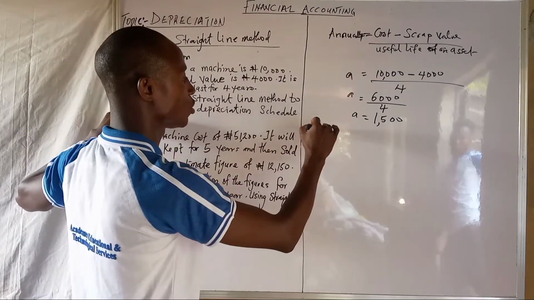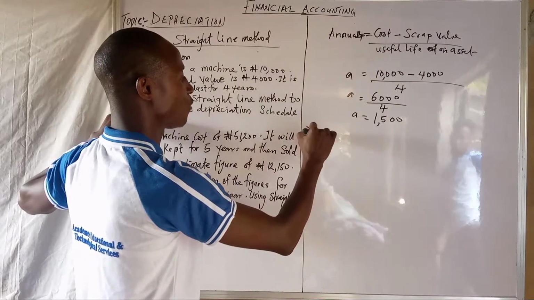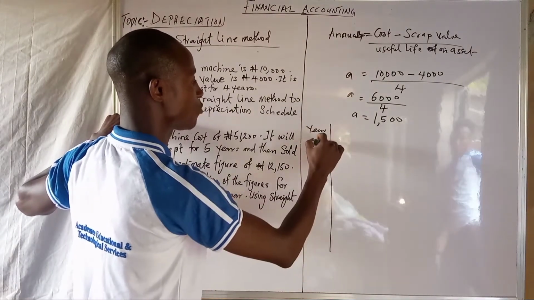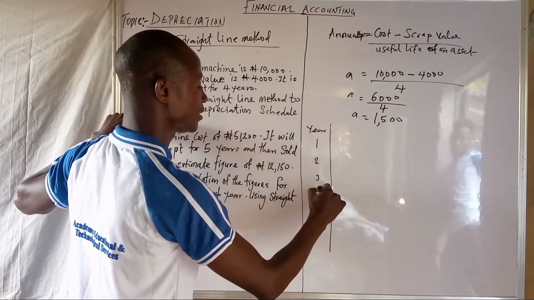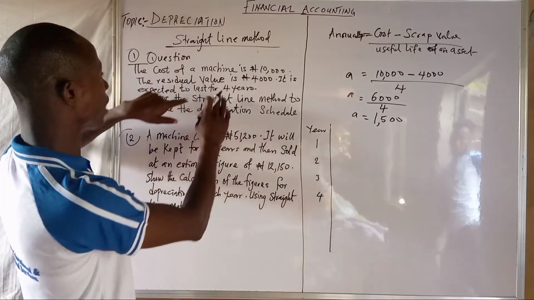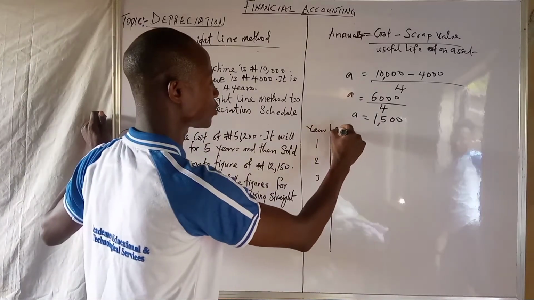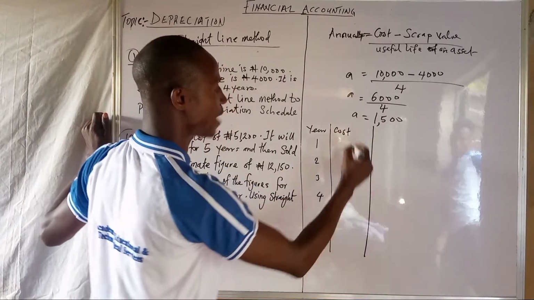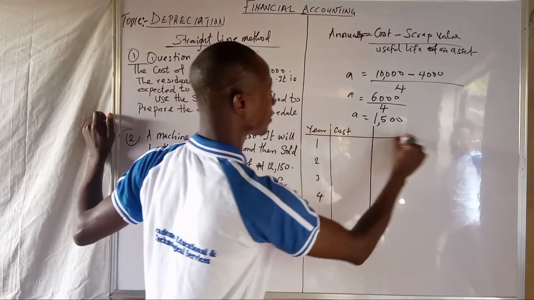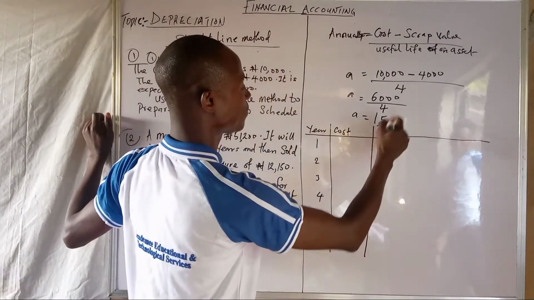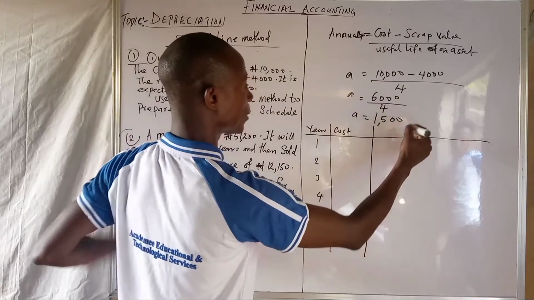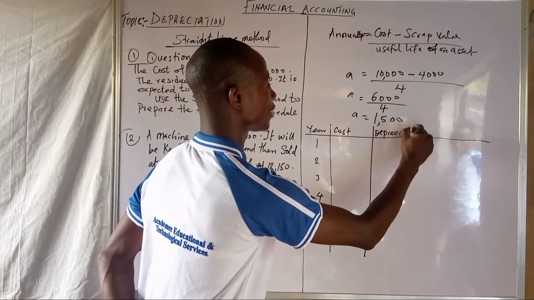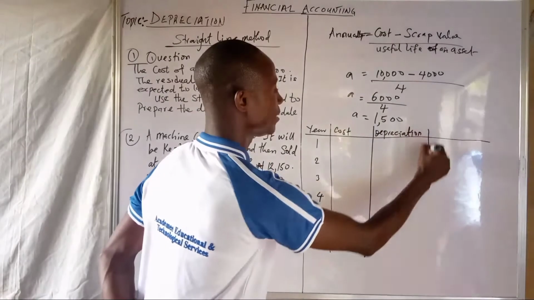So now, to prepare the depreciation schedule for each year according to the question, we are going to observe 5 points. First the year, we have year 1, year 2, year 3, year 4, based on the question that it lasts for 4 years. Then the cost of the asset, which in the straight line method stays the same. Then the depreciation that we charge yearly.